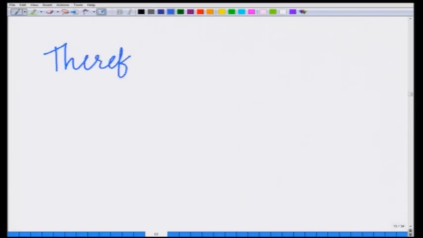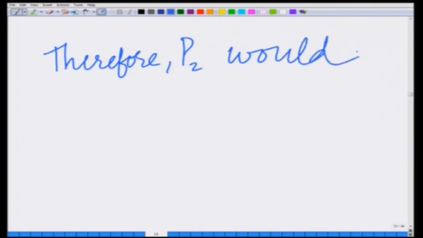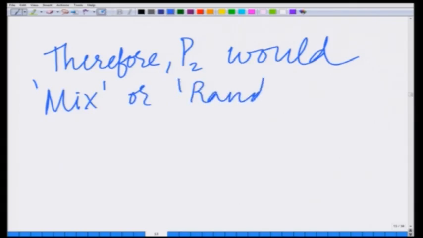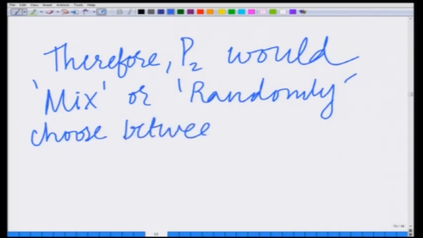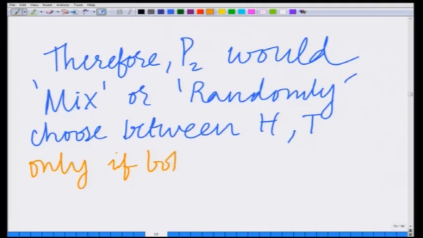Therefore, P2 would mix or randomly choose between H, T only if both payoffs are equal.